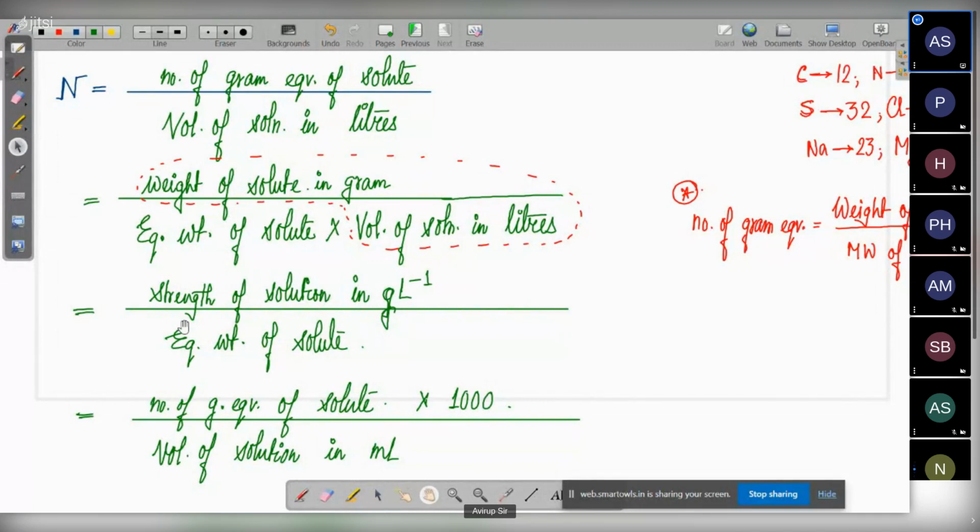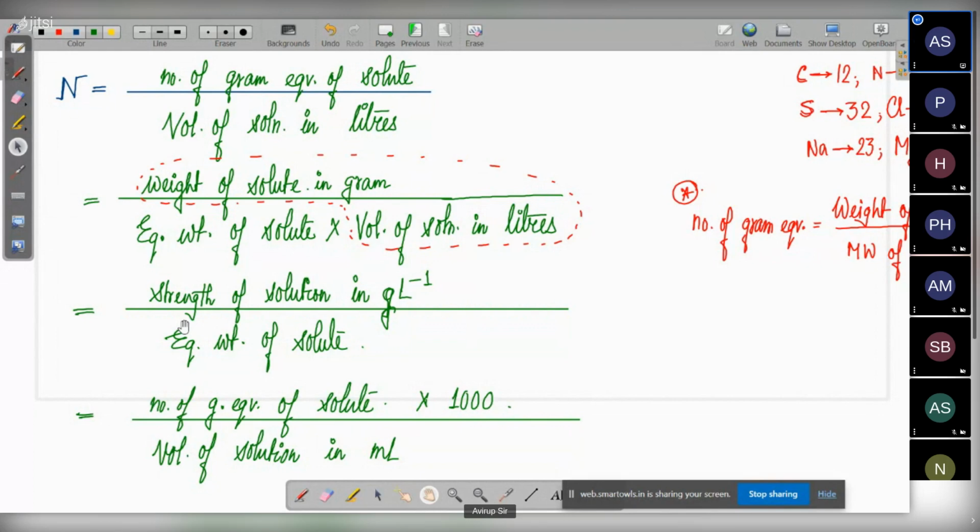Because we are using liters. Yes, because in both the definitions, volume is involved. And we have already learned in lower classes that volume increases with increase in temperature. So as a result, both molarity and normality are dependent on temperature.